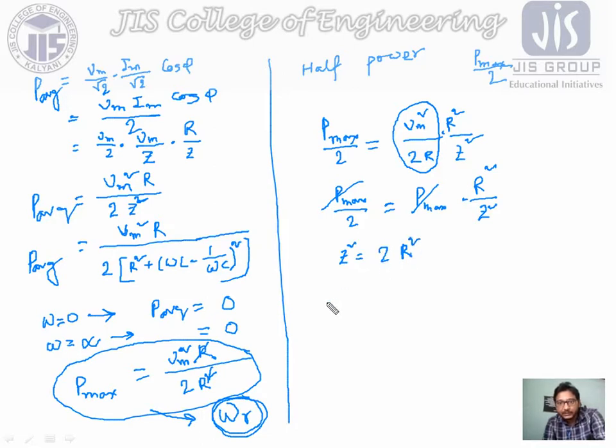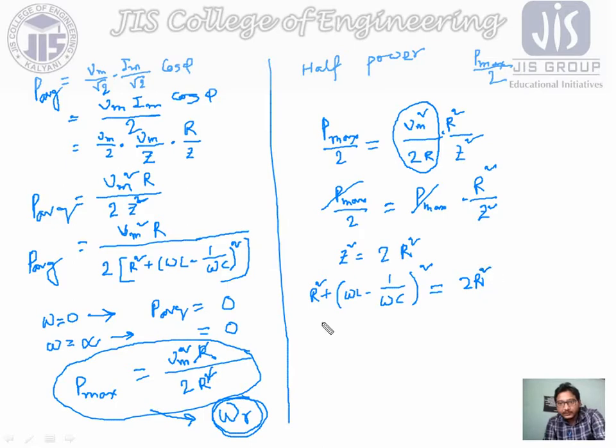Now we know Z square equals R square plus omega L minus 1 divided by omega C, whole square, which equals twice R square. If we take this R square to the other side, it is subtracted, so 2R square minus R square is R square.